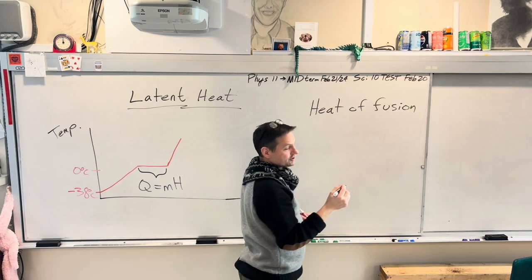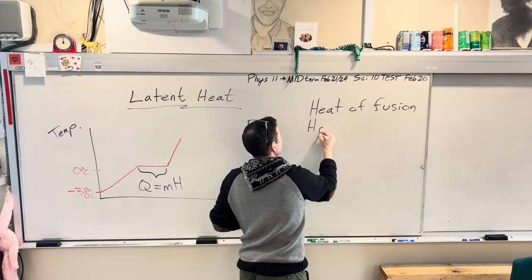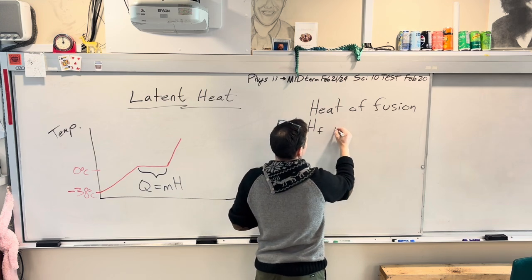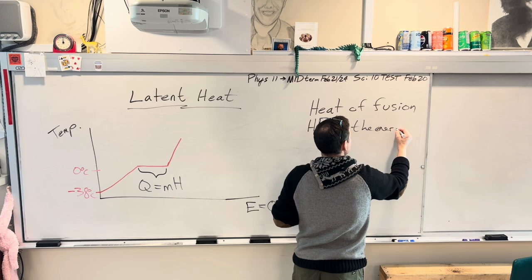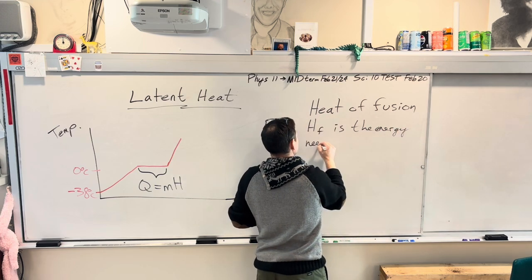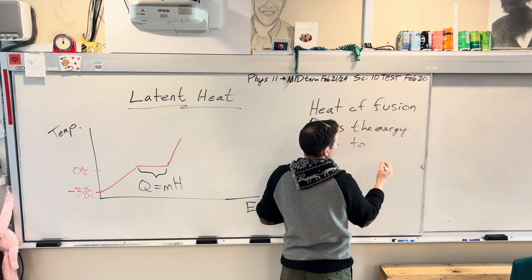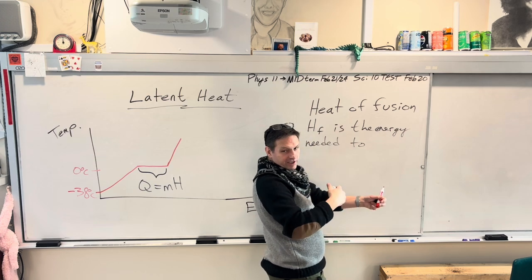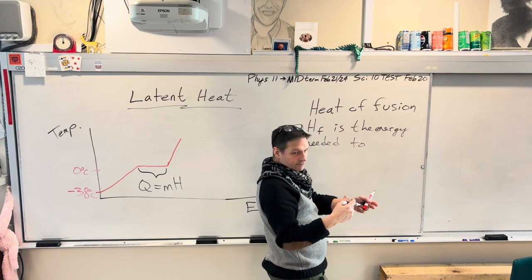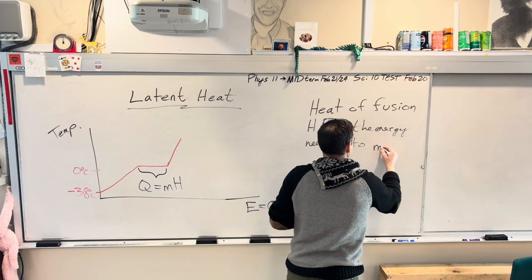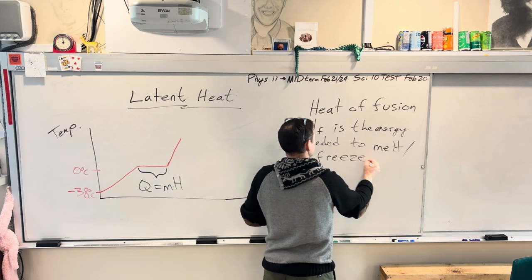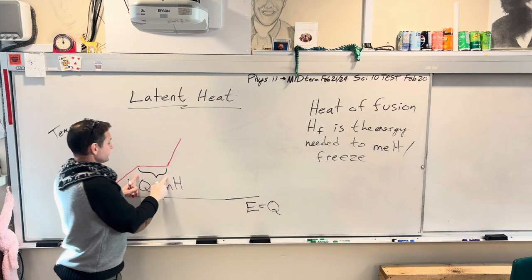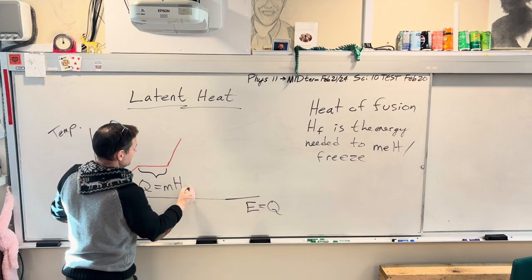And they're both called H. You can say HF. And that is the energy needed to melt or freeze. It's the same in reverse. Okay? So that's this H, and this would be heat of fusion.